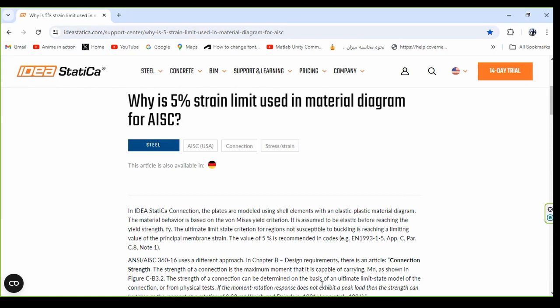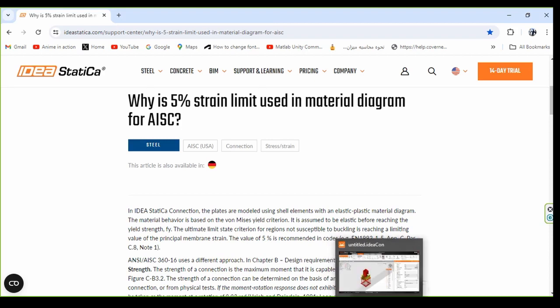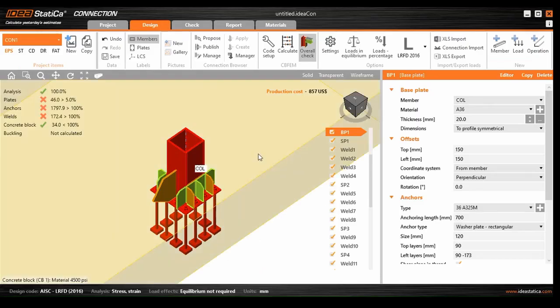It is talking about the connection strength defined in AISC and compares it with the 5% strain limit criterion. It discusses that 0.02 radian rotation of a connection produces nearly 5% strain in the connection's plate. So they are kind of similar, okay? And we get back to this after we run the stiffness analysis as well. So get back to IDEA and then click on check.